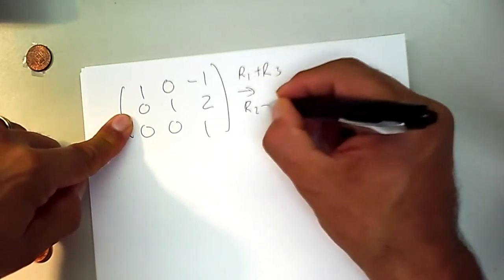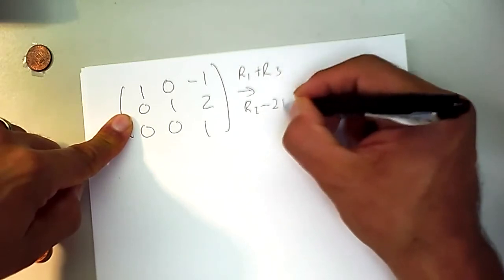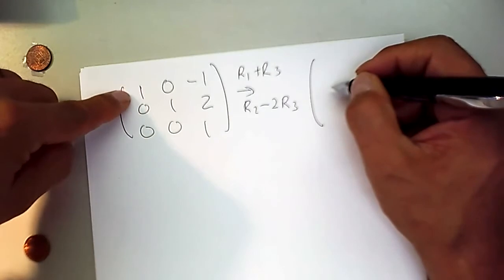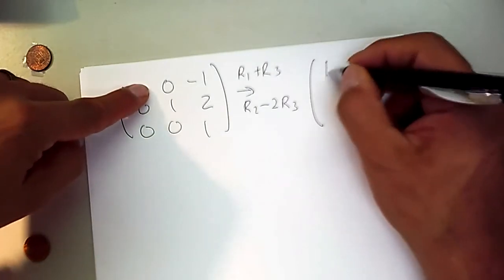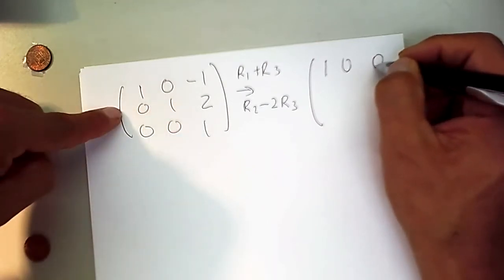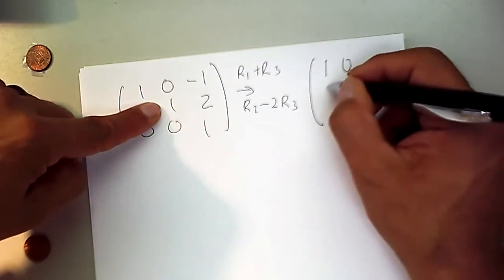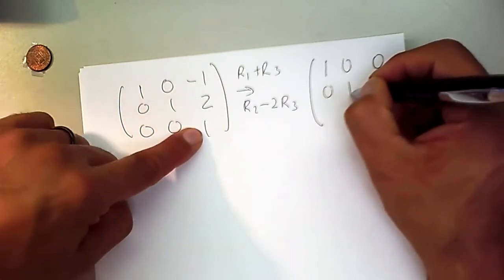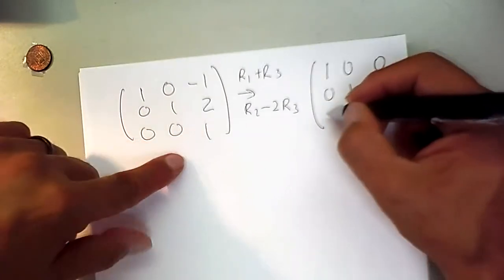So row 2 minus 2 times row 3, and we're going to end up with 1, 0, 0, 0, 1, 2 minus 2, 0, and then we leave this alone.